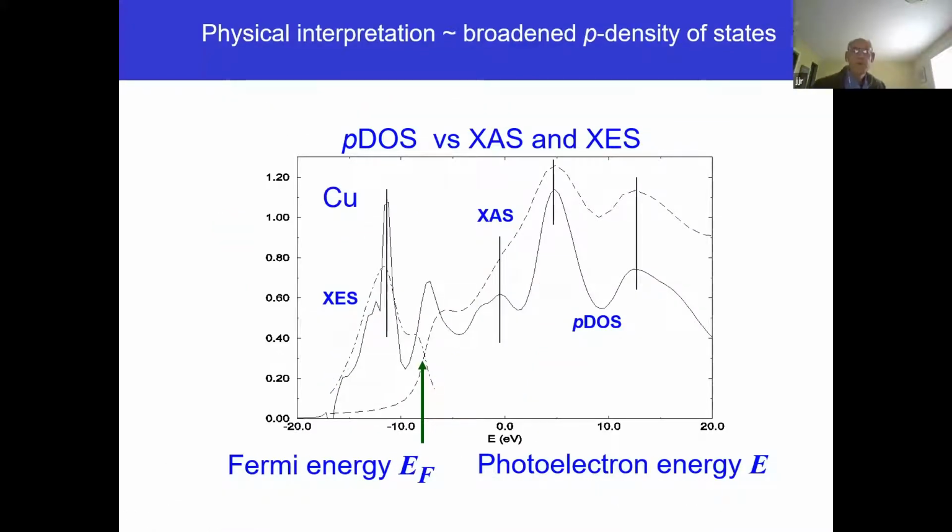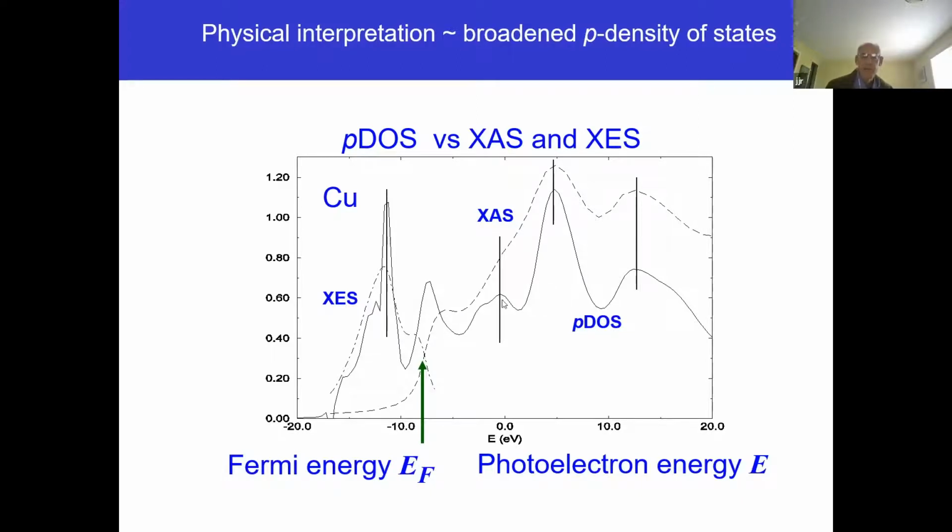Okay, furthermore, it turns out the theory gives us a nice way of interpreting the spectra in terms of what are called projected densities of states. Due to selection rules, a photoelectron emitted from a deep 1s orbital or K shell gives you an electron with an angular momentum 1, which is called the P density of state.